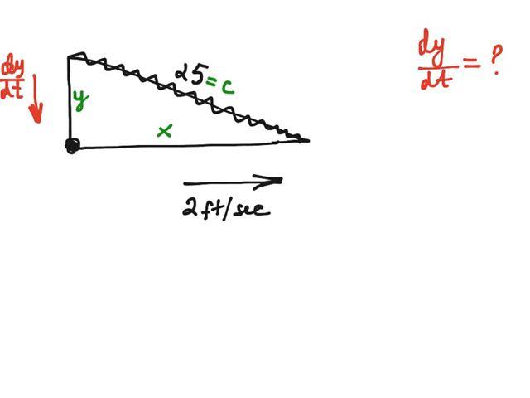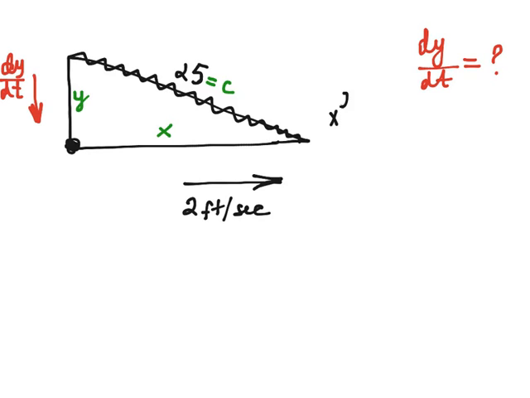The hypotenuse of this triangle, c, is always constant because the ladder doesn't change. The length of your ladder is the same. It doesn't matter whether it's sliding, on the ground, or in a vertical position. It's still that same ladder. So c is 25, but it's constant. It's very important. All right, let's start with the Pythagorean theorem.